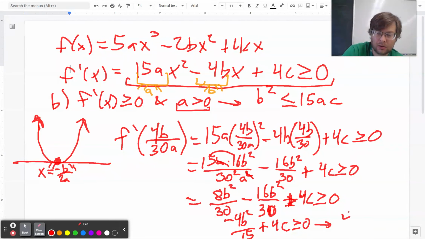Plus 4c greater than or equal to 0. That's the same as 4c greater than or equal to 4b squared over 15. Oh, sorry, I lost my a. Let's go back and fix that. This should have an a here, so then this here needs an a.